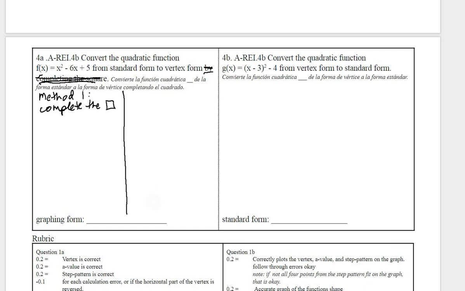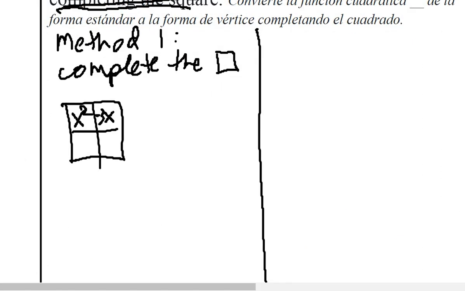In order to do this, I'm going to make a box. X squared goes here. I take my b term, negative 6, and I divide that by 2, so I have negative 3x and negative 3x, and then I find what it takes to complete that box, which is plus 9.